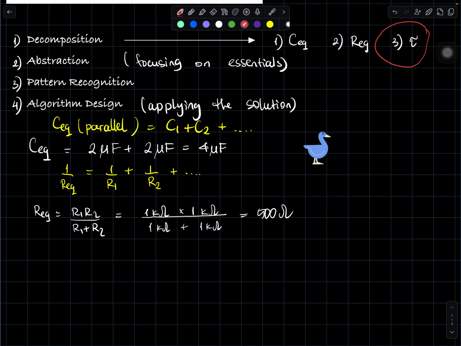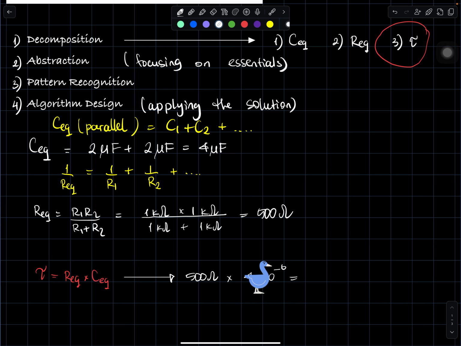The formula for finding tau is R equivalent multiplied by capacitance equivalent. 500 ohms multiplied by 4 microfarad gives us 2 multiplied by 10 to the minus 3, which is 2 milliseconds.